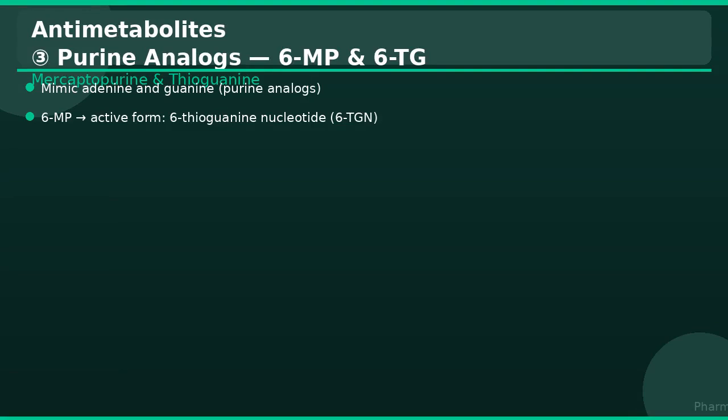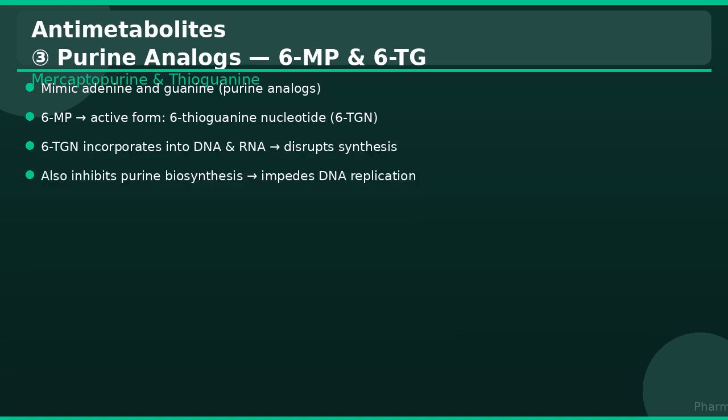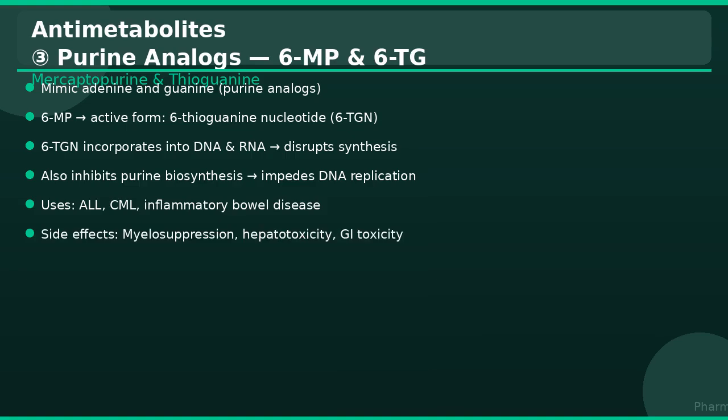Mercaptopurine is converted into its active form, 6-thioguanine nucleotide or 6-TGN, which incorporates into DNA and RNA, disrupting their synthesis. 6-TGN also inhibits purine biosynthesis, further impeding DNA replication and cell proliferation. Clinically, these agents are primarily used in acute lymphoblastic leukemia, chronic myelogenous leukemia, and inflammatory bowel diseases.